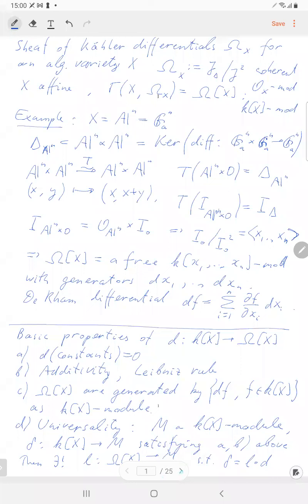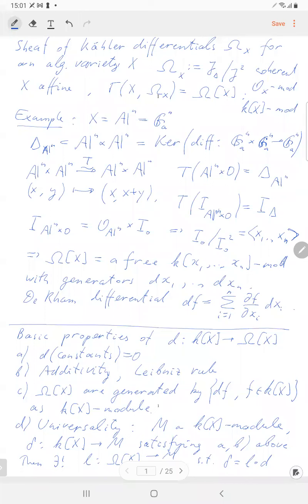Can I ask a question? Yes. How do we define this d? You said it was some difference. Yes, absolutely. There are two projections from X squared to X, the left and right projections. Given a function f on X, you can lift it to X squared either via the first projection or via the second projection, right?